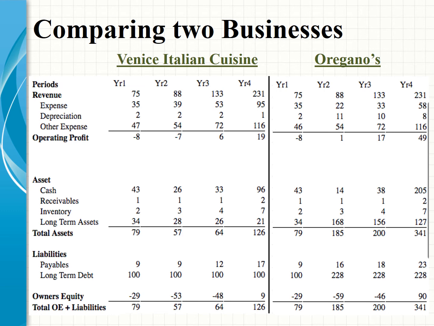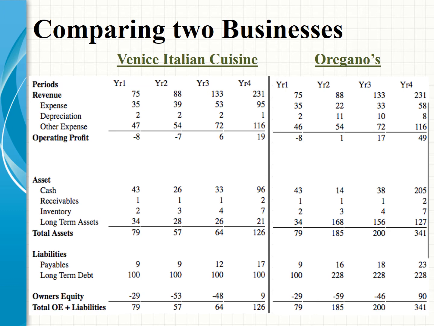Now, let's review the profitability and liquidity by comparing the two restaurants. Ask yourself questions regarding profitability. Was the Venice Italian Cuisine restaurant more profitable in year 1 than the Oregano's restaurant? The answer is both restaurants had the same loss of $8,000. How about year 2?